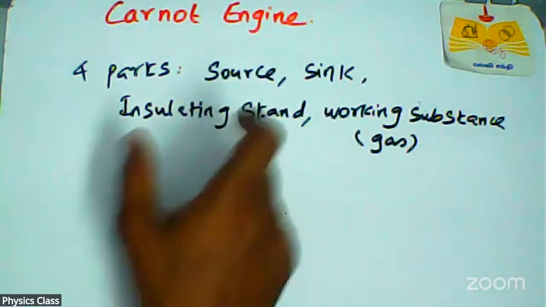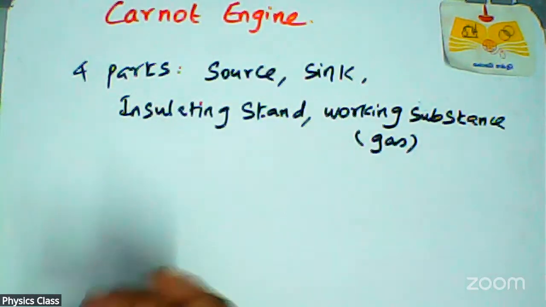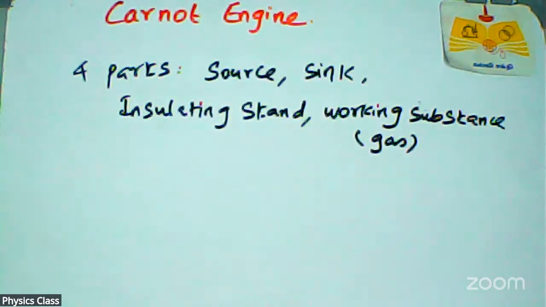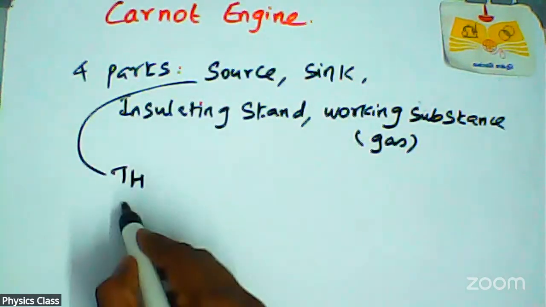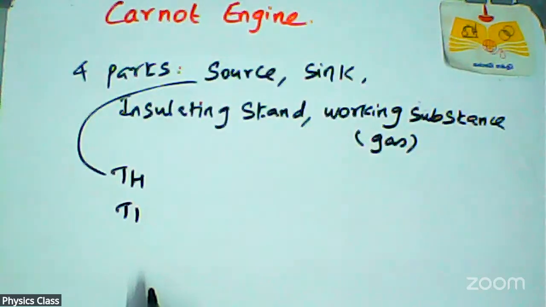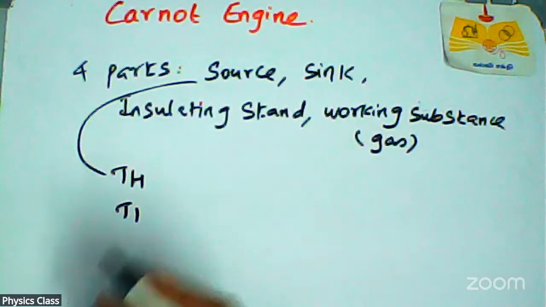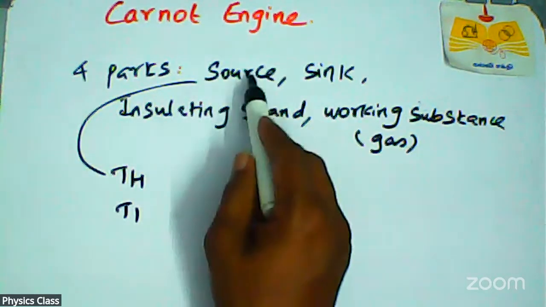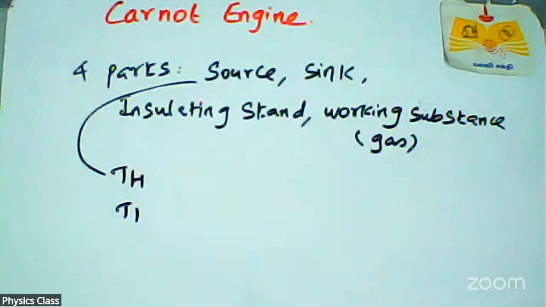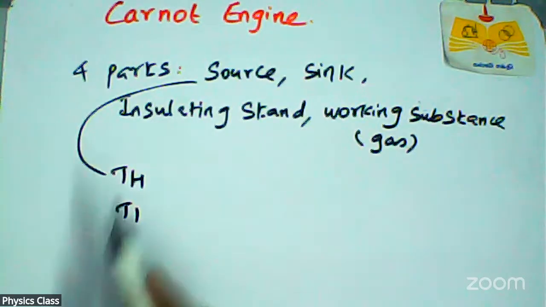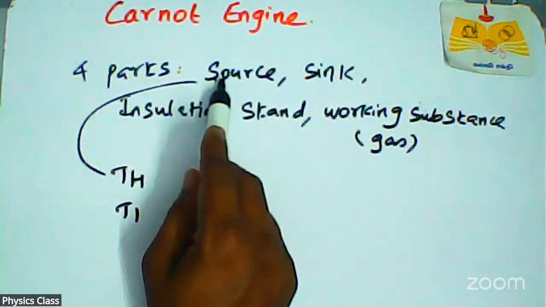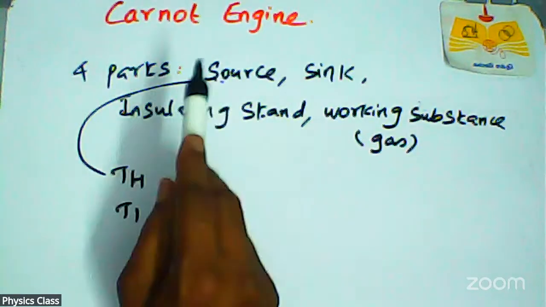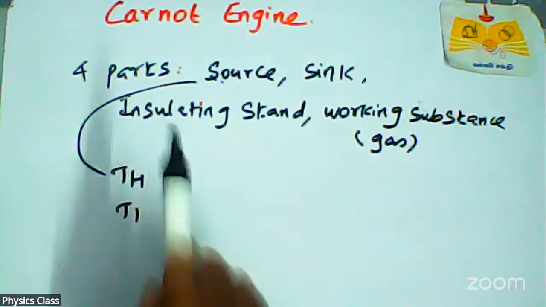Source means the hot reservoir. It is a source of heat, maintained at TH, high temperature, or T1. Any amount of heat can be extracted from it without changing its temperature, TH.